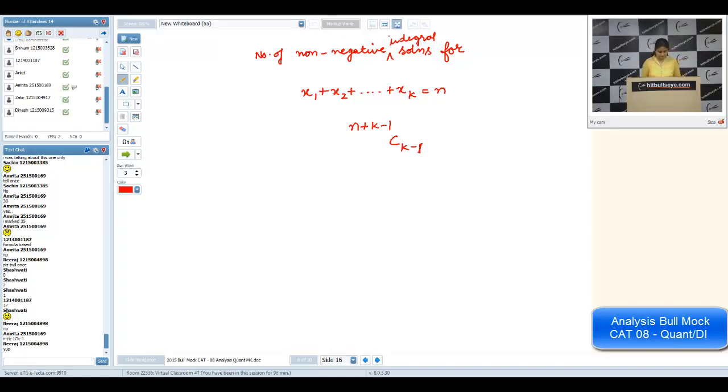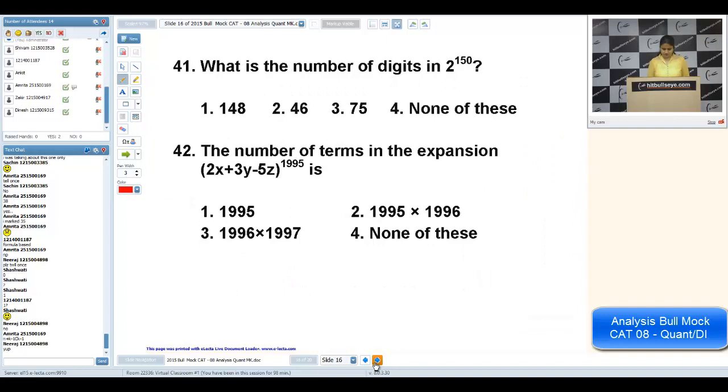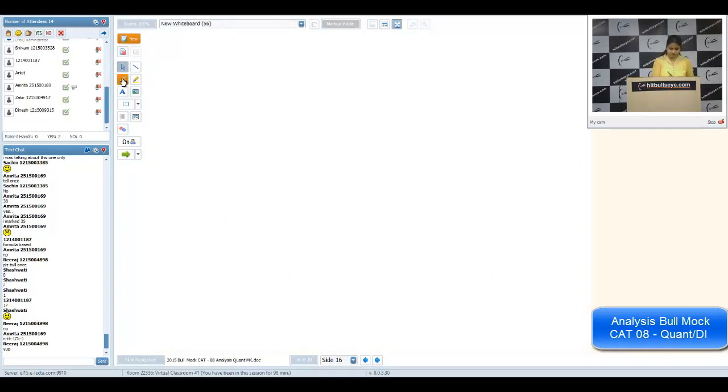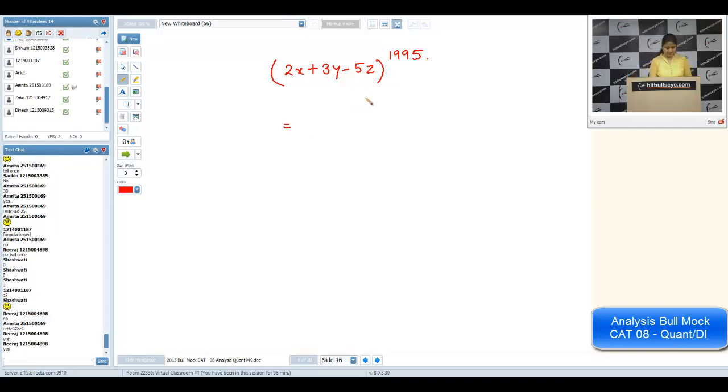Okay. Now, coming to the problem. It was the number of terms in 2x plus 3y minus 5z raised to power 1995. Neeraj, are you comfortable in writing the binomial?